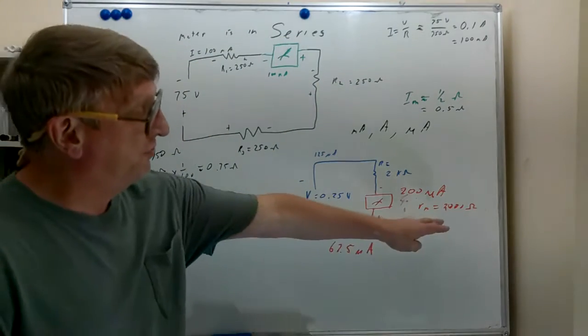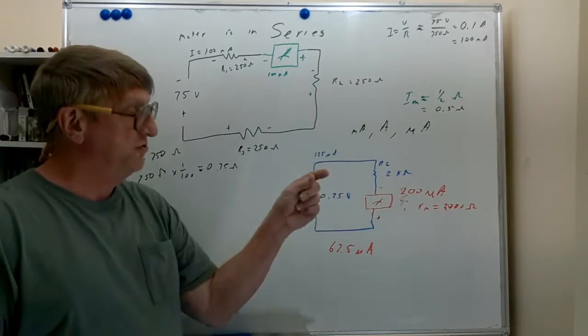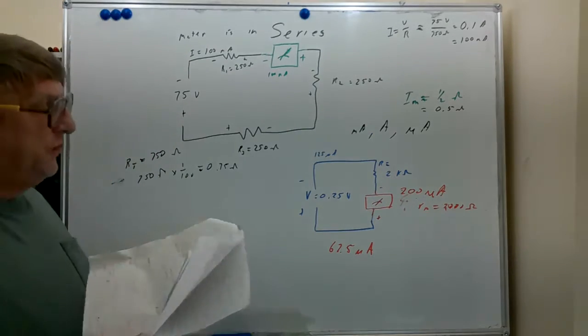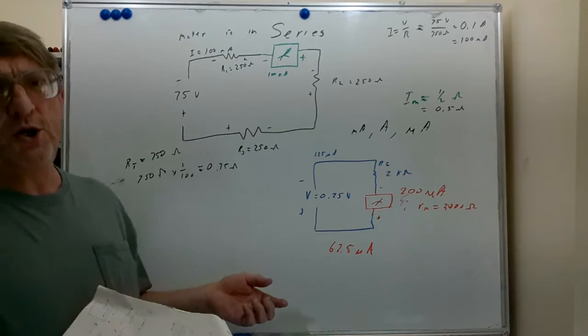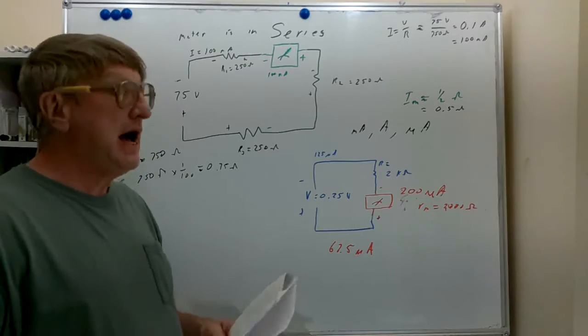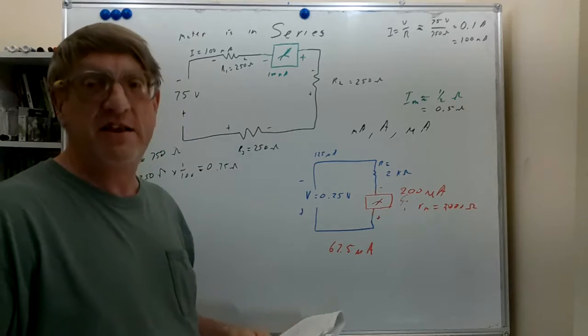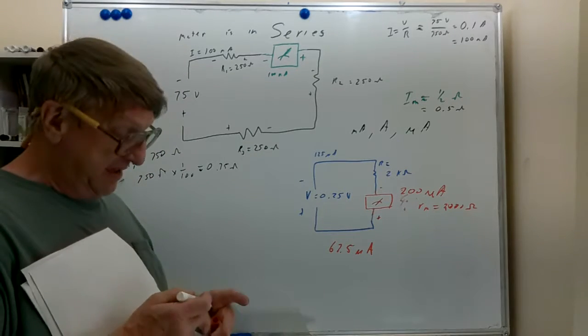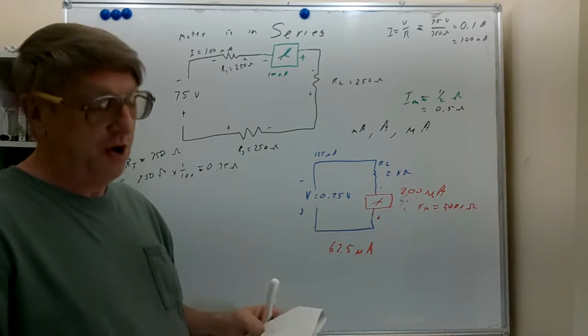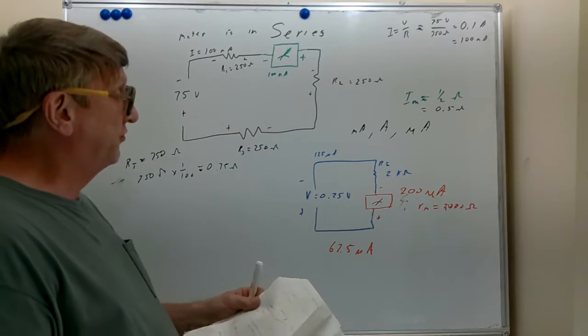But this resistance, which was large compared to the total resistance of the circuit, really changed our value, so we don't really get to see what's going on in the circuit when the meter's not in there, and that is not helpful for figuring out what's wrong with a circuit.